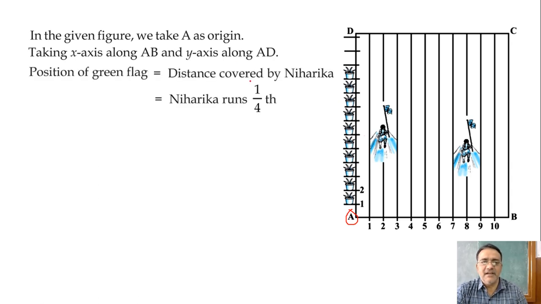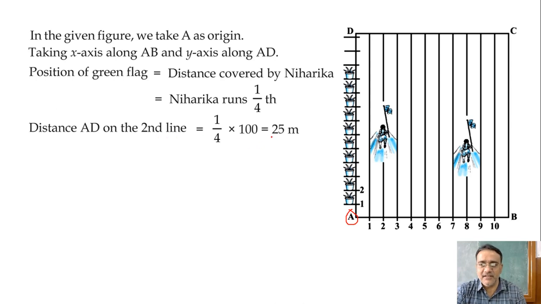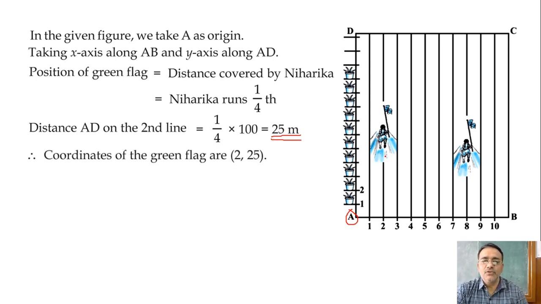So the distance covered by Niharika is 1/4 into 100, that is 25. So the coordinates of the green flag will be (2, 25). This is the coordinate. Okay.